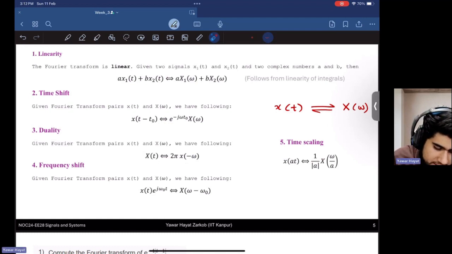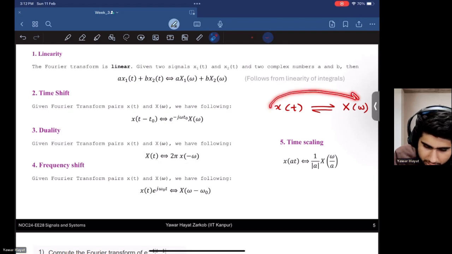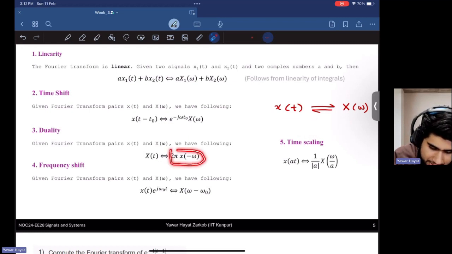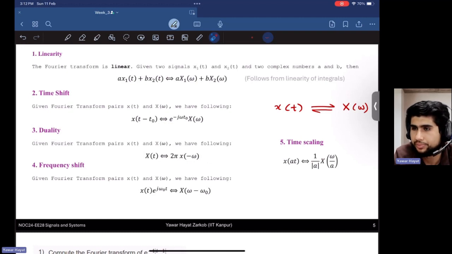Then it turns out if we use the function in this frequency domain representation X of omega, X of t, the frequency domain representation of that function would be this. Okay, so I would again suggest you to try this out. It is again straightforward, and if there is any doubt, you can let me know via mail, or you can drop a comment in the recorded session and I'll address that.